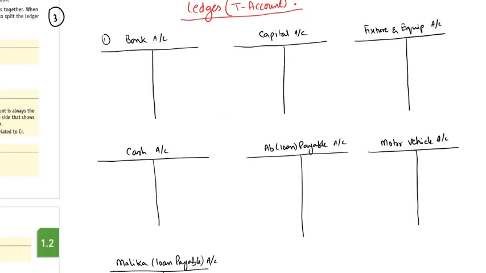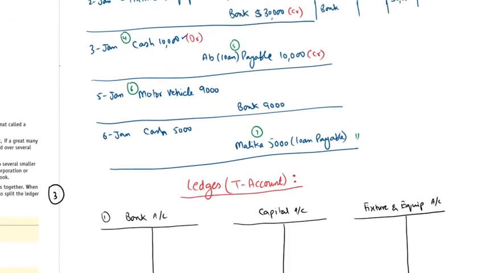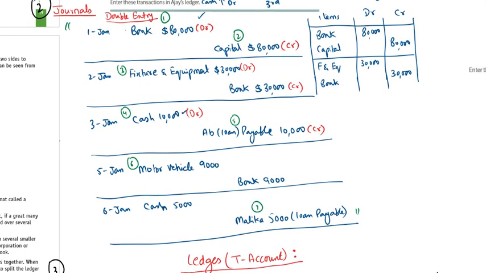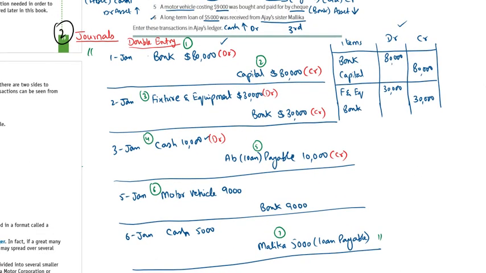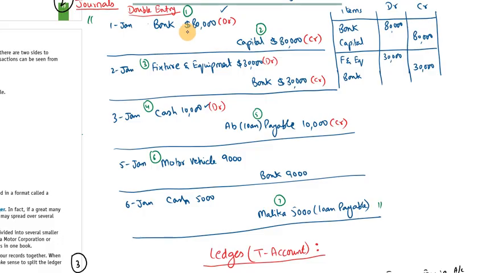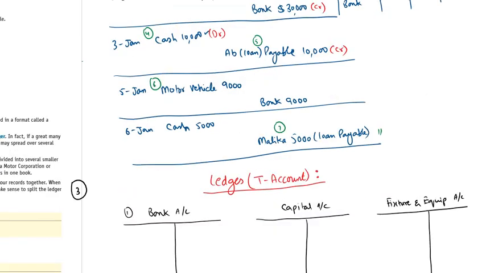So we have 7 different accounting heads which we write here. Now next, we are posting from double entry. We'll write accounting heads information from double entry into ledger.